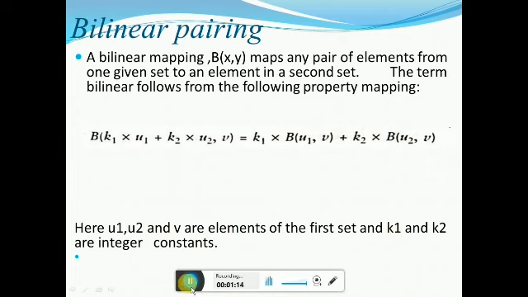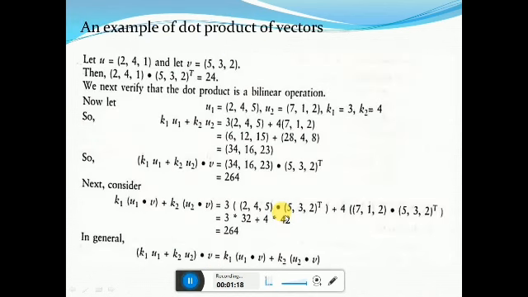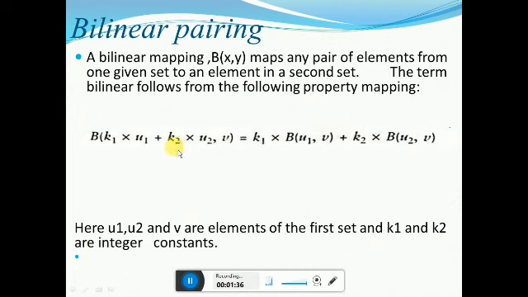To understand that equation, let us consider one example. Here we are demonstrating the dot product of two vectors. Using this dot product, we try to establish or prove this equation to show that it works.